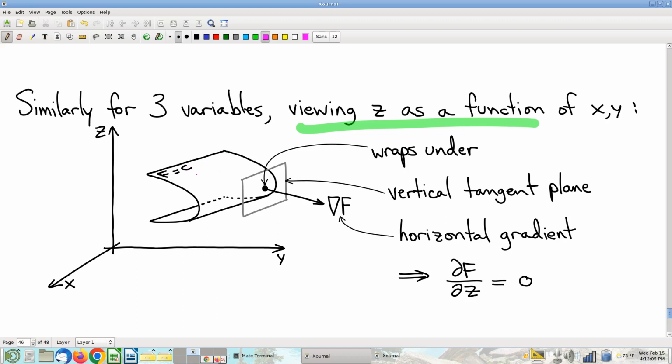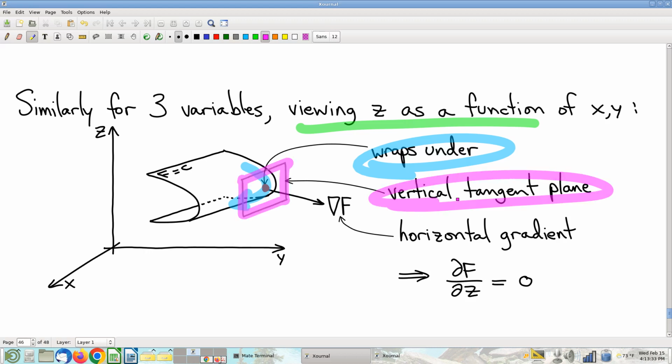But here's where things get bad. If you're at a point like that, where the surface is at the moment of wrapping under itself, you're going to have this same problem, because the surface is wrapping under itself, that means you're going to have a vertical tangent plane.